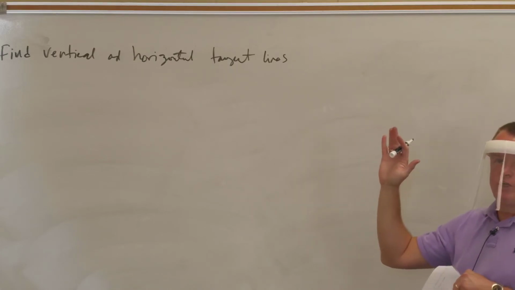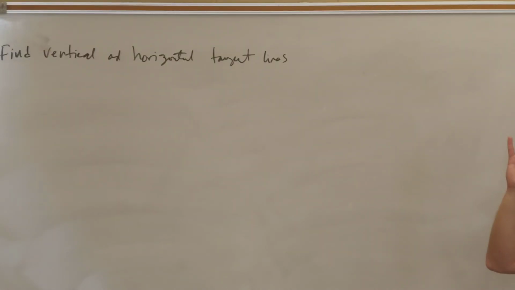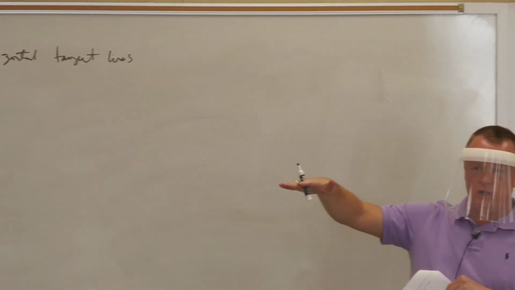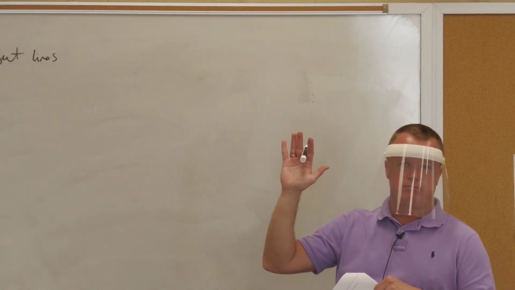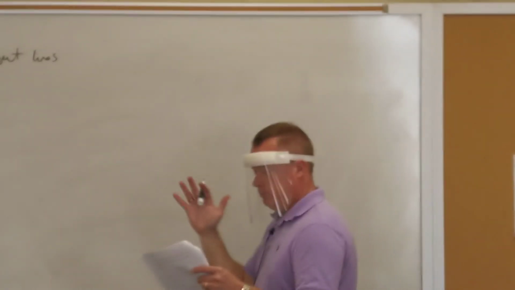So what's the slope of a vertical line? Remember? It's undefined, right? Because you're dividing by 0 if it's a vertical line. So horizontal line, slope is 0. Vertical line, it has an undefined slope. Okay? So we need to remember that.